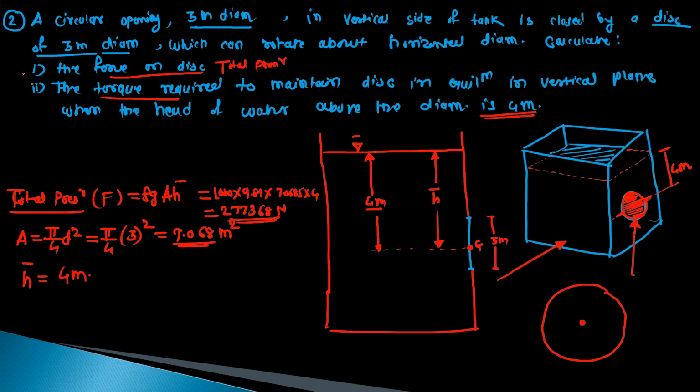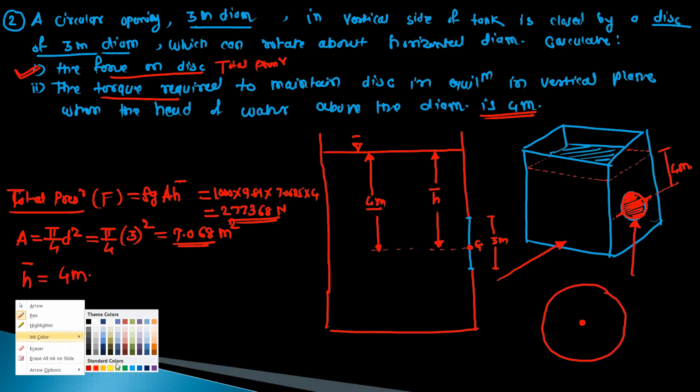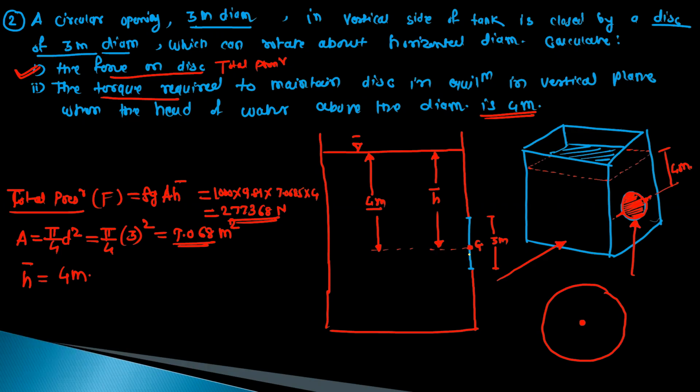So this is your first answer, the force on the disk. This force will act somewhere here. This is called the center of pressure, and this is the force vector, which is the total pressure.